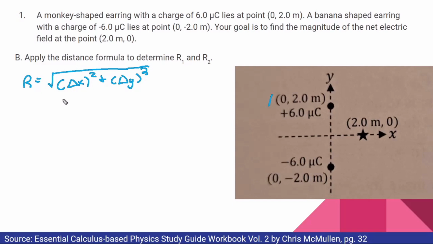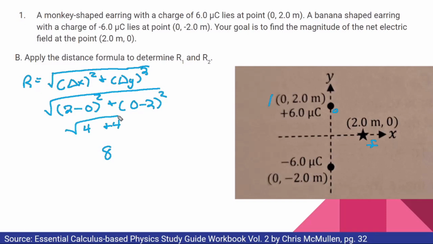We have our initial and our final, so we will have 2 minus 0, square that, and then 0 minus 2, and square that. We end up with 4 plus 4, which gets us 8. And then we have to maintain the square root throughout. Here we have the square root of 8, which can be rewritten as 2 times the square root of 2.